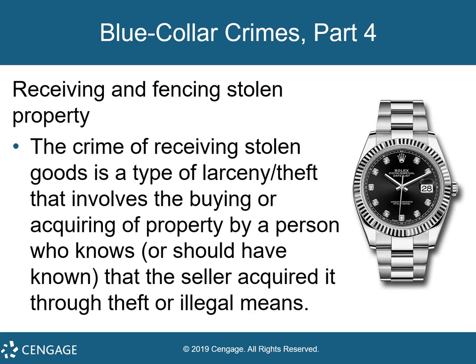Depending upon the value of the property being received, it is either a misdemeanor or a felony. Typically, when people receive this stolen property, they're going to want to get rid of it, and that's called fencing. Fencing is a crime that involves an ongoing effort to be the middleman or distributor of illegal goods.